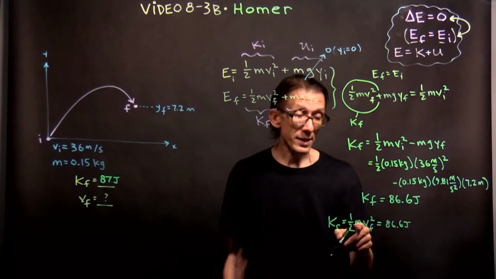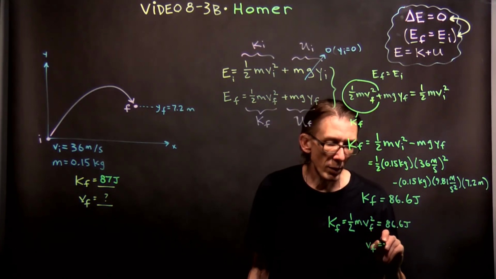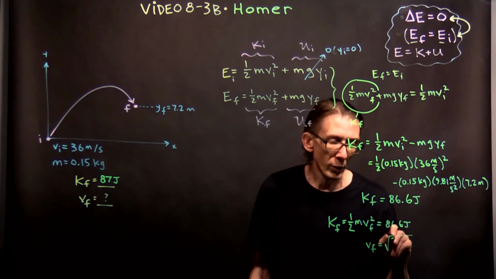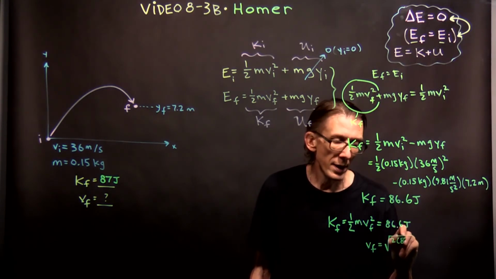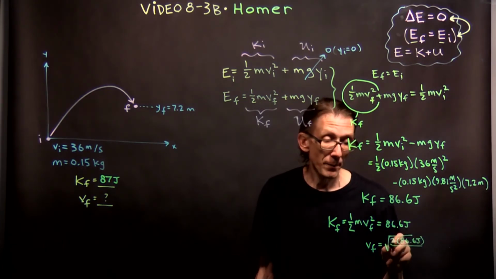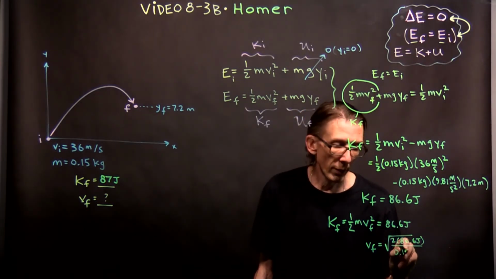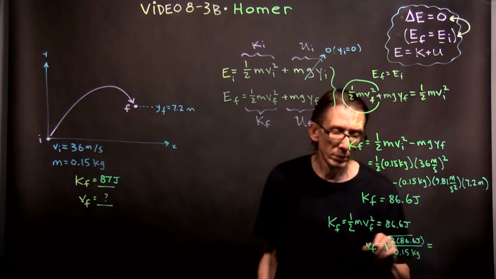We know the mass, so v sub f is going to be the square root of 2 times 86.6 joules divided by the mass, which is 0.15 kilograms.